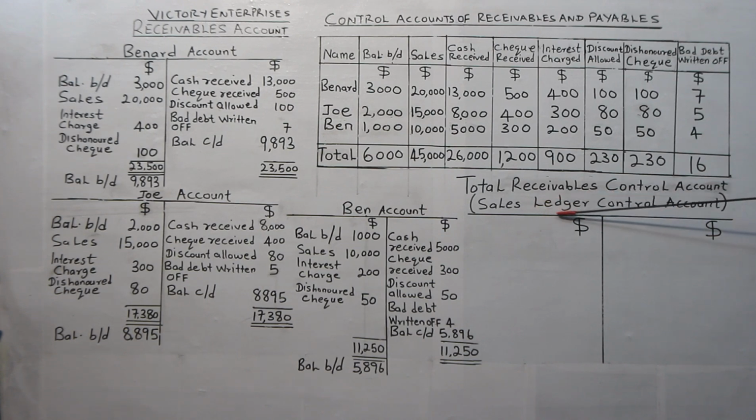It is called the sales ledger control account because it is when we sell on credit that receivables result. So we are now expected to prepare for Victory Enterprises the total receivable control account.